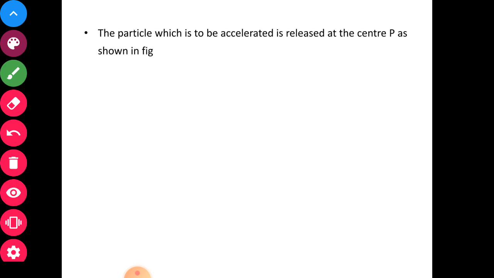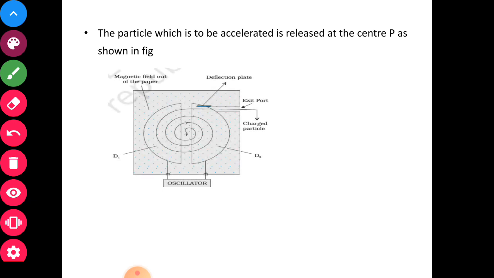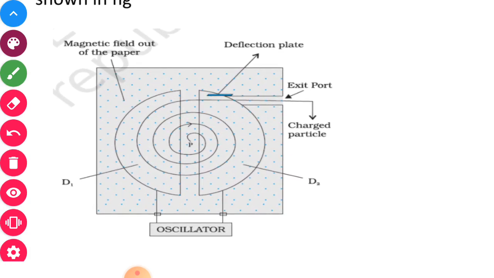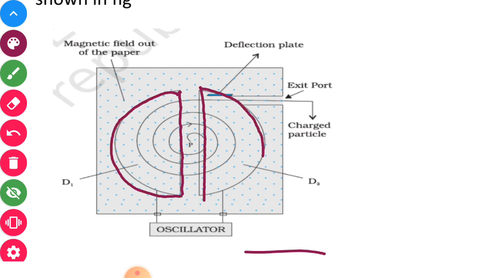Now the particle which is to be accelerated is released at the center P as shown in this figure. You can see the D-shaped boxes here, these are the two Ds, and there is a slight gap between them.